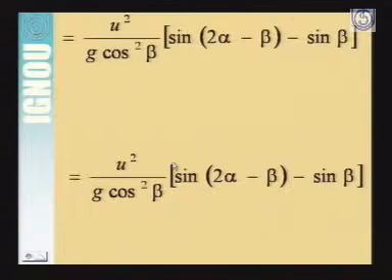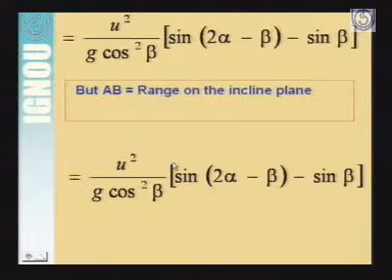So here we have got the range on the inclined plane, that is u square divided by g cos square beta into sin(2 alpha minus beta) minus sin beta.